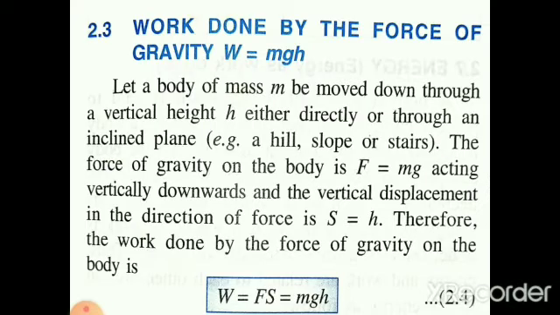Similarly, if the body of mass m goes up, here we have seen it is coming down, when it goes up through a vertical height h, either directly or through the stairs or a slope, the work done W will be equal to minus mgh. Since it is going up, the work done by the body is against the force of gravity, therefore W is equal to minus mgh.